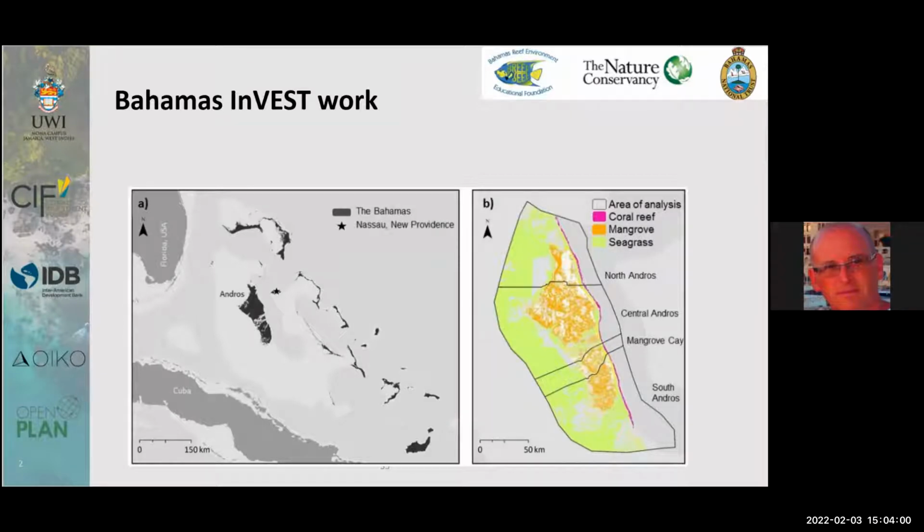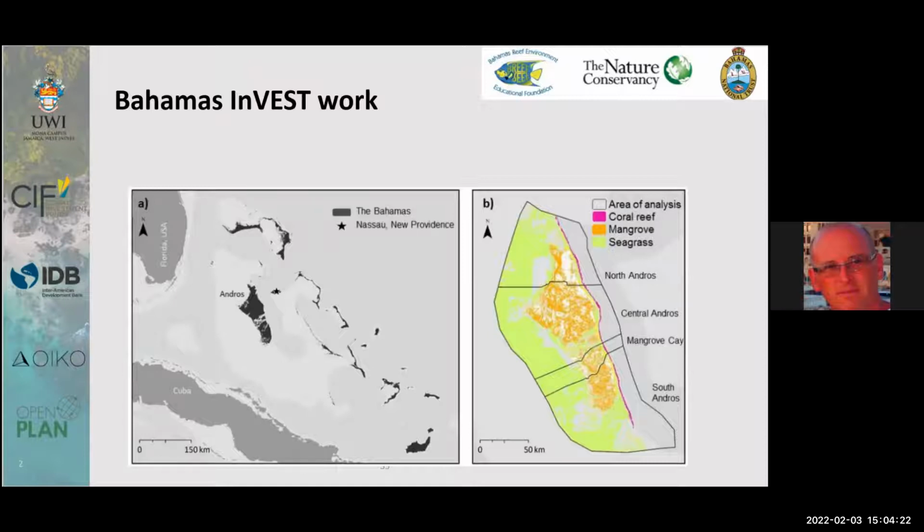It's the green island. A particular focus was placed on how ecosystem service delivery can be at the forefront of setting up the Andros Sustainable Development Plan.